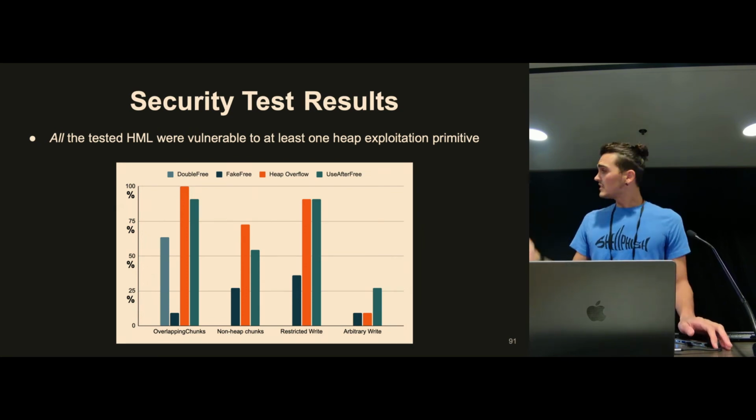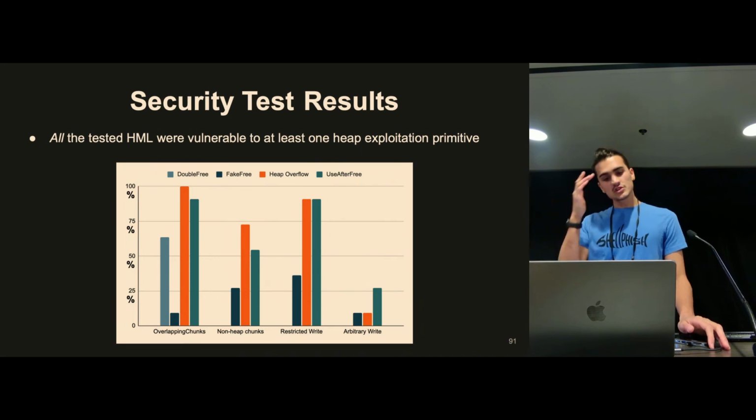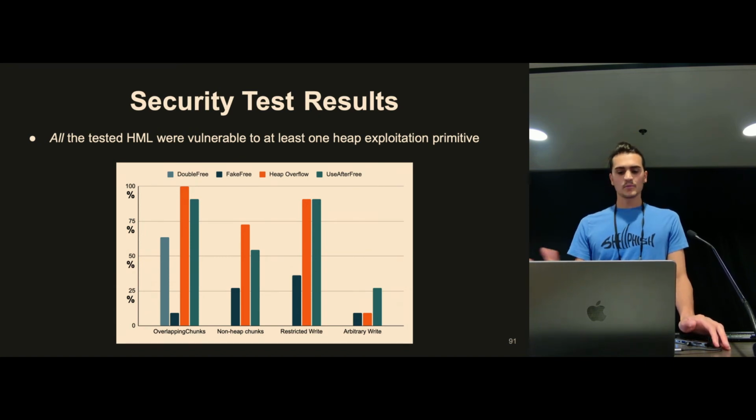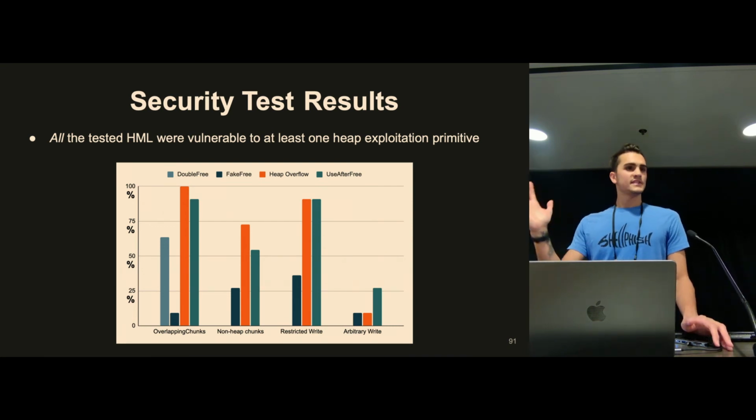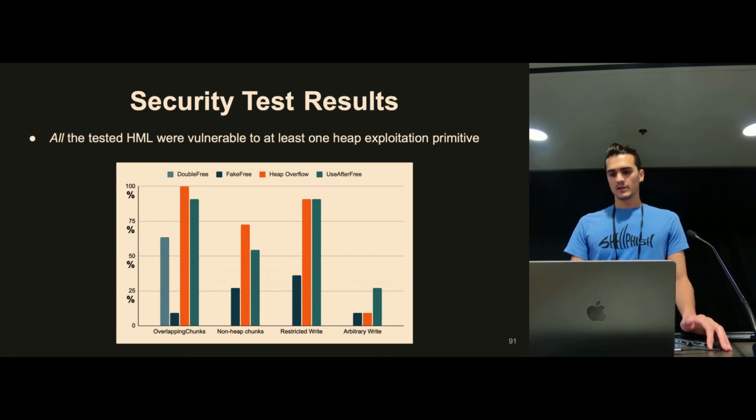Another interesting observation is double free was helpful only to trigger an overlapping chunk for less than 75% of the blobs, but was not helpful to trigger any other corrupted state. So, takeaway point: all the tested HML were vulnerable to at least one exploitation primitive.